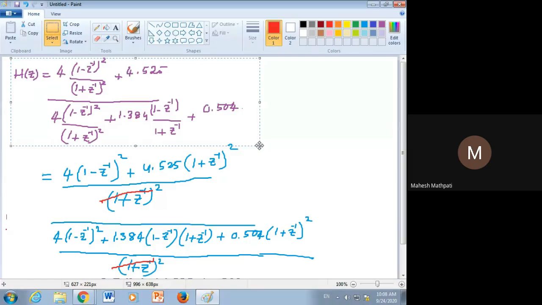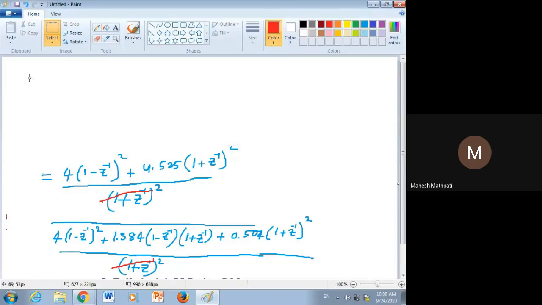And further, I can simplify this as H of z equals to four into this (1 minus z inverse) square. We will simplify that.